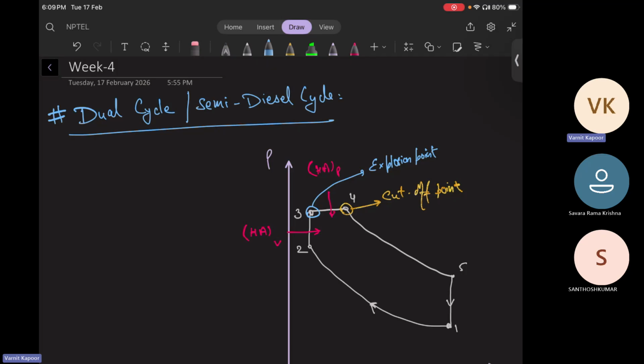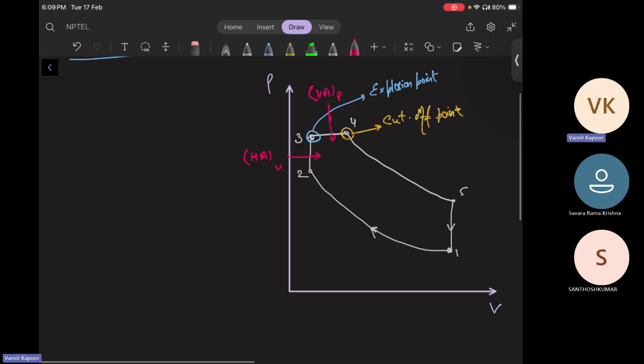I'll explain all these terminologies. And this is heat rejection at constant volume. The pressure in the cylinder is maximum at this point, P is maximum.